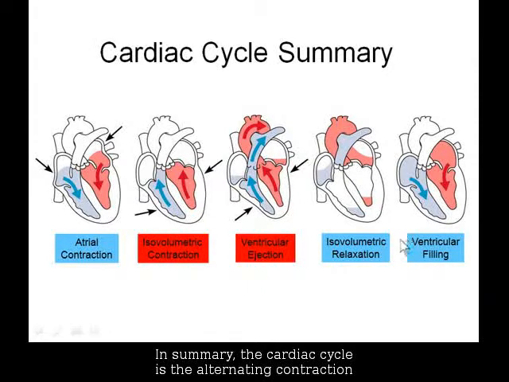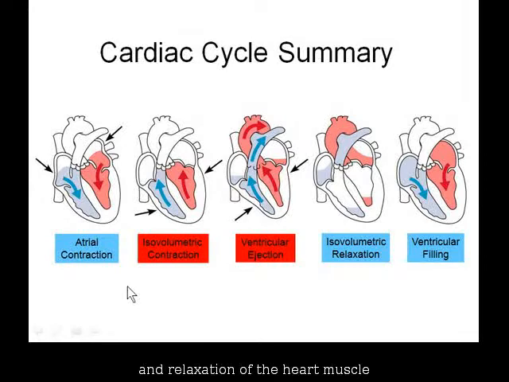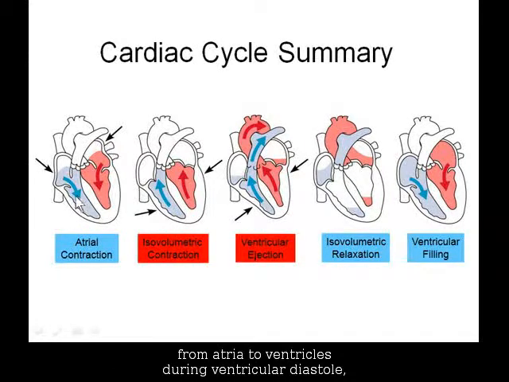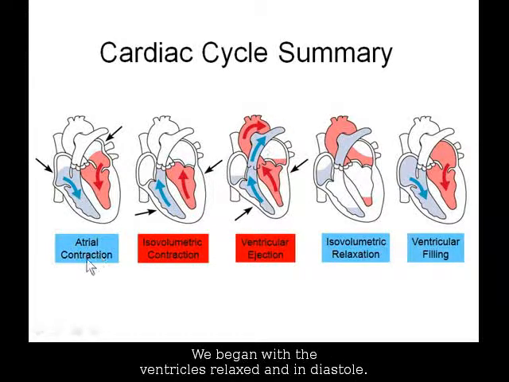In summary, the cardiac cycle is the alternating contraction and relaxation of the heart muscle that moves blood simultaneously through the left and right sides of the heart. This movement is always in one direction, from atria to ventricles during ventricular diastole, then out large arteries during ventricular systole. We began with the ventricles relaxed and in diastole.